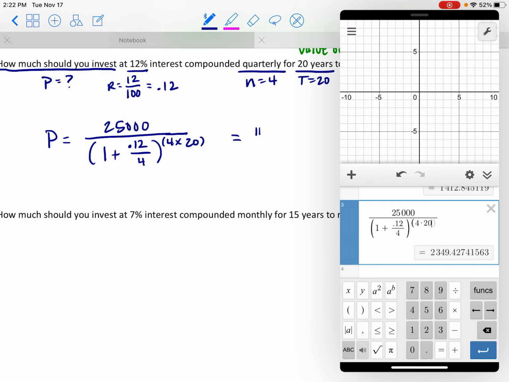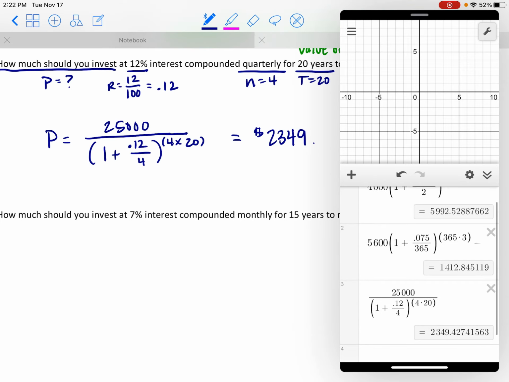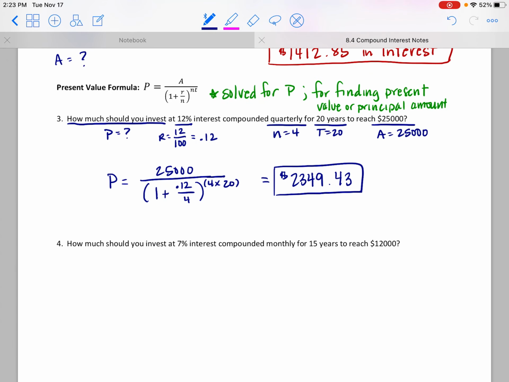And we're looking at $2,349.43. So that is the amount that you would have to put in now if you could just plop down $2,349.43 and let it sit there in this account or investment that's earning you 12% compounded quarterly for 20 years. You're going to have 25 grand saved up.